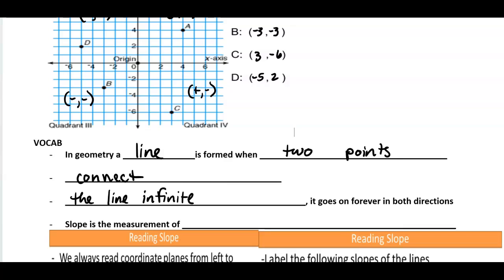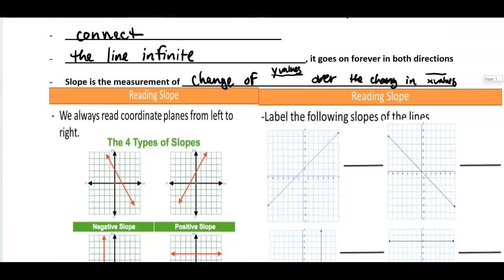And then slope is simply a measure of the change of y values over the change in x values. So it will look like a fraction, all right?